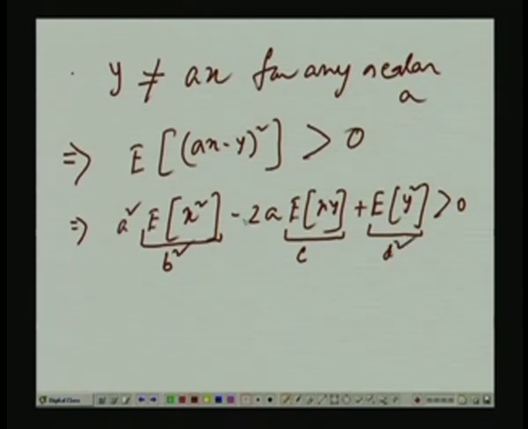So, a square b square minus 2ac plus d square greater than 0. You can write it like this: ab whole square minus twice ab into c by b. So, you have to have ab minus c by b whole square. So, c square by b square was introduced, so it has to be subtracted. So, plus d square minus c square by b square.